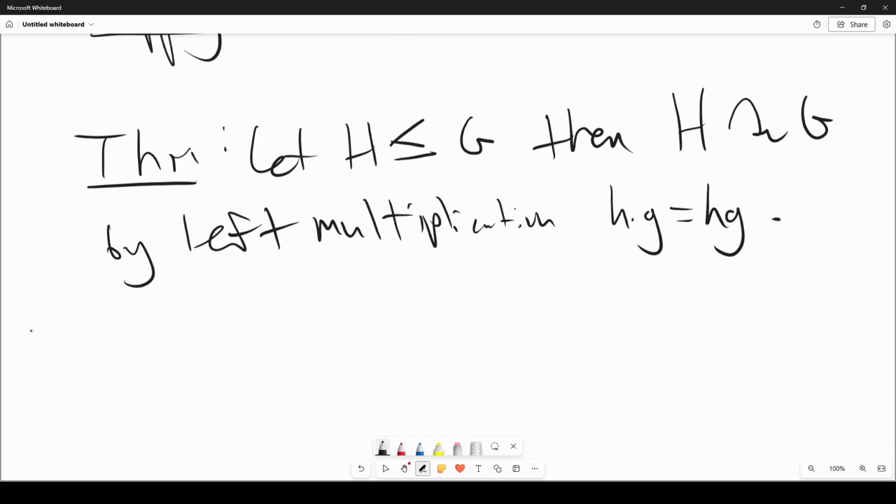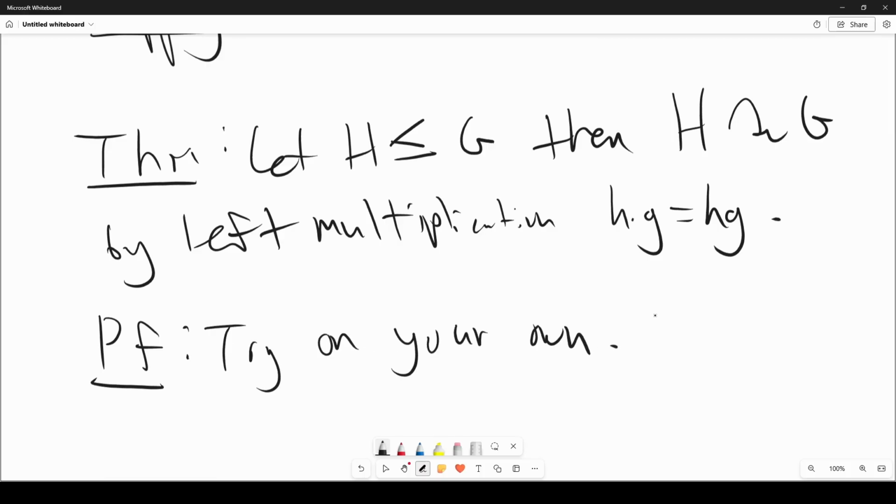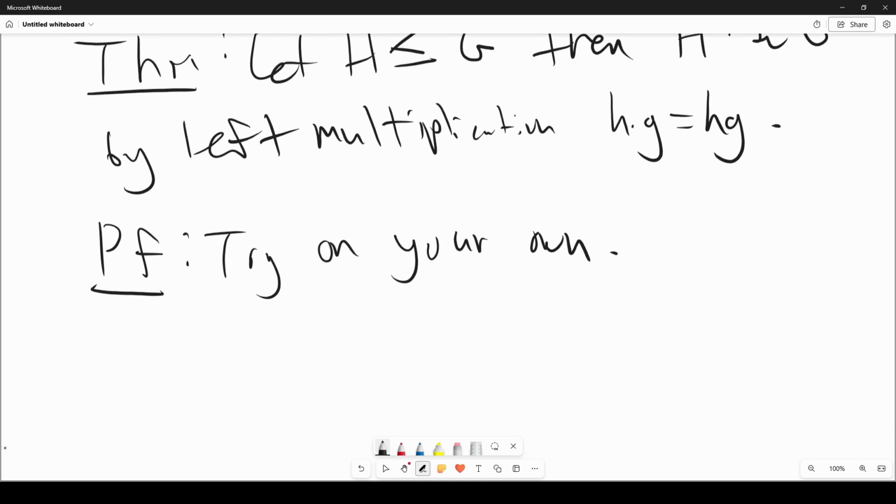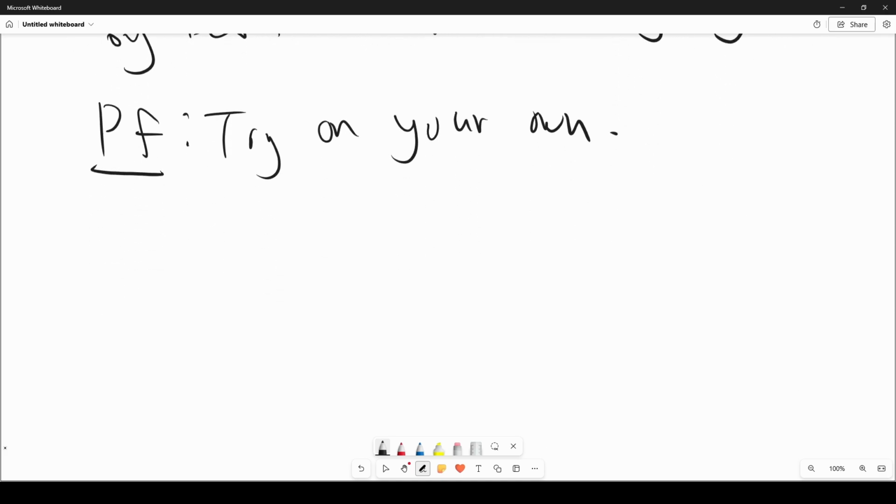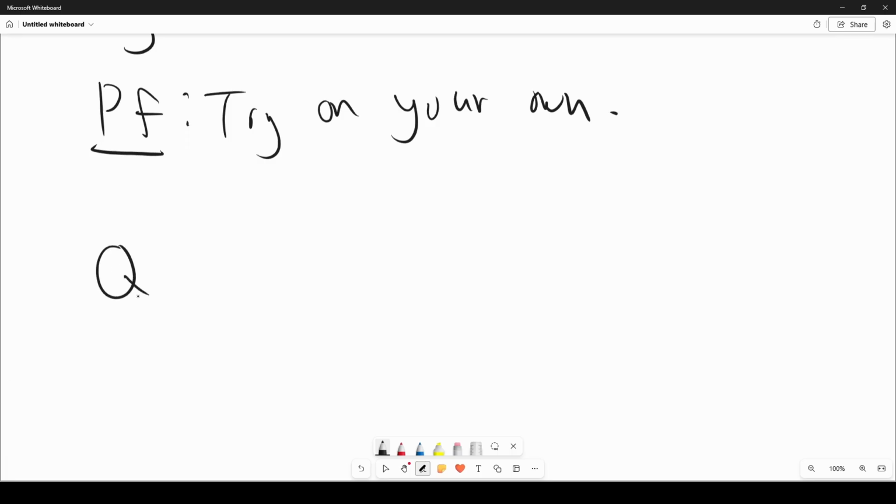Okay, let's prove this. For the proof of this, just try this on your own. It should be pretty quick, and very similar to when we proved that regular left multiplication is a group action. It's basically the same.